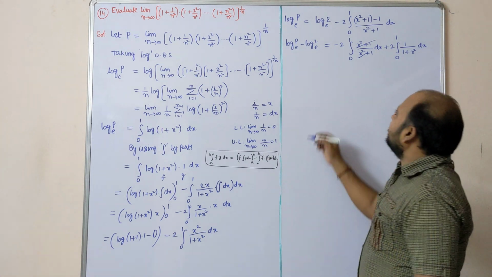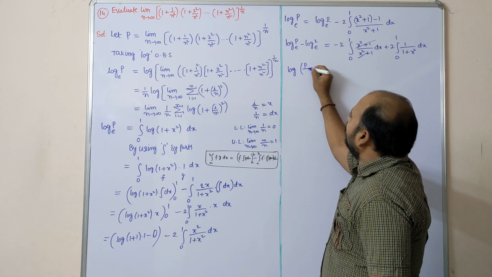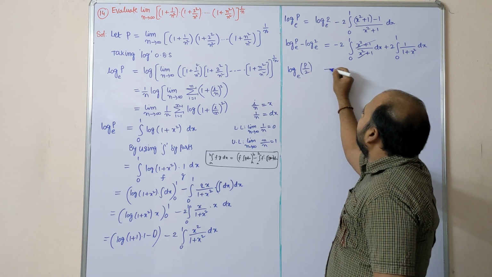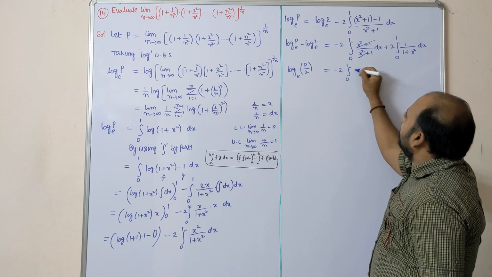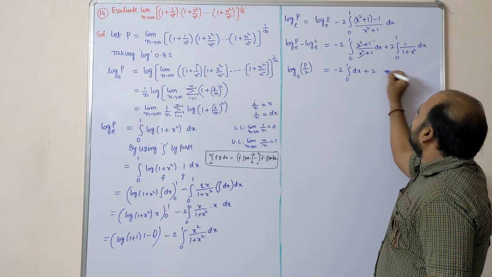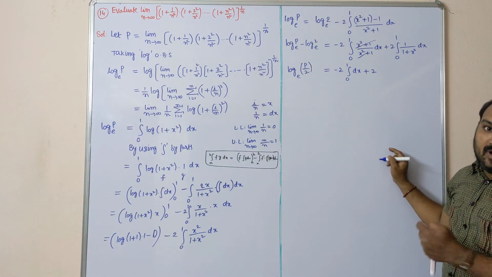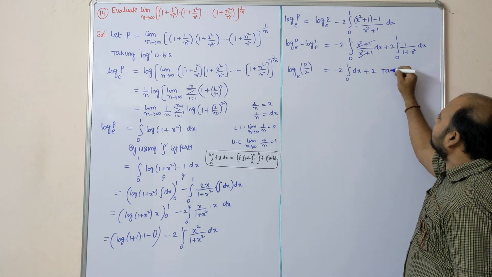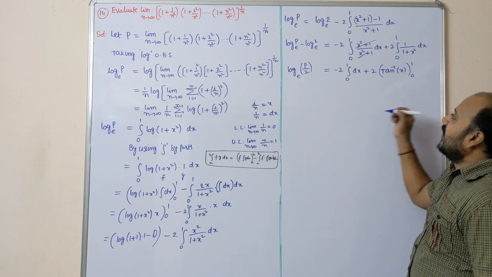I hope everyone understands. Log a minus log b is log a by b, so log p by 2 to the base e is equal to minus 2 into integral dx, integral 0 to 1 into dx, plus 2 into integral 0 to 1, 1 by 1 plus x square. Integral 1 by 1 plus x square is tan inverse x, applying the limit 0 to 1.